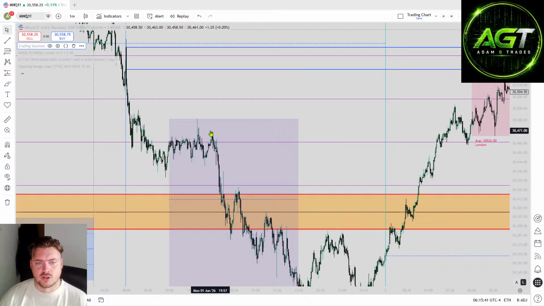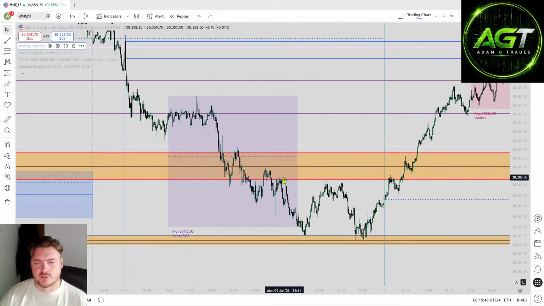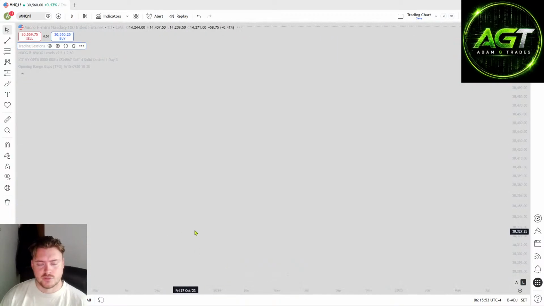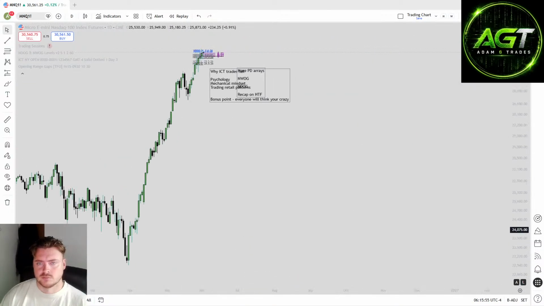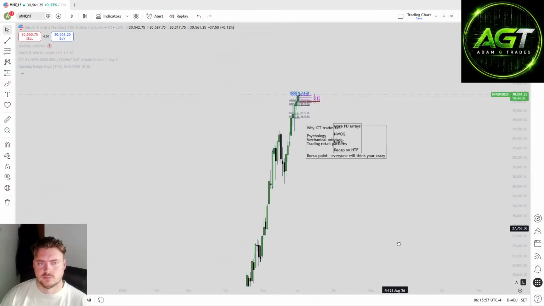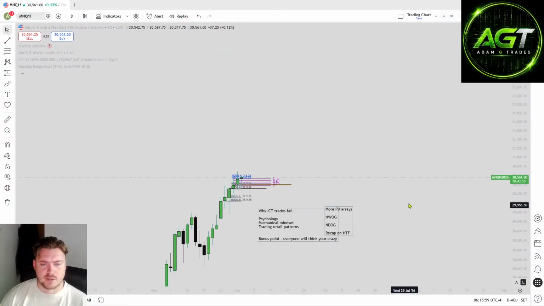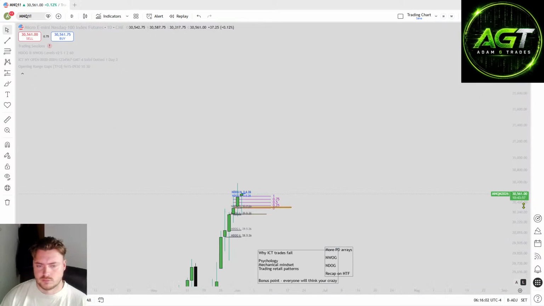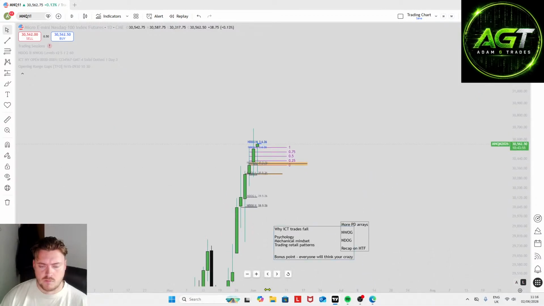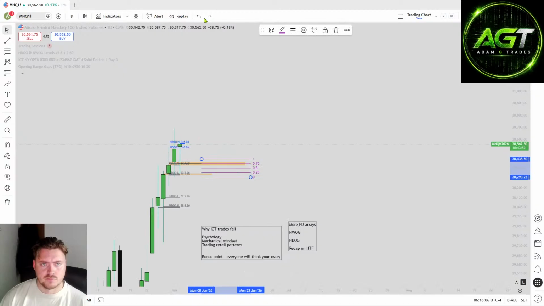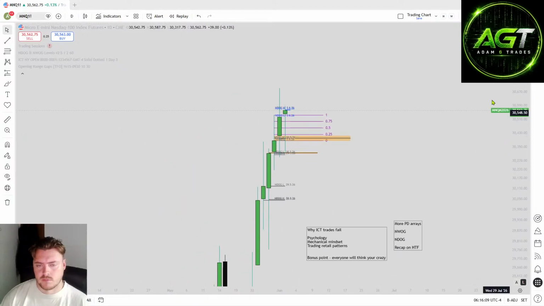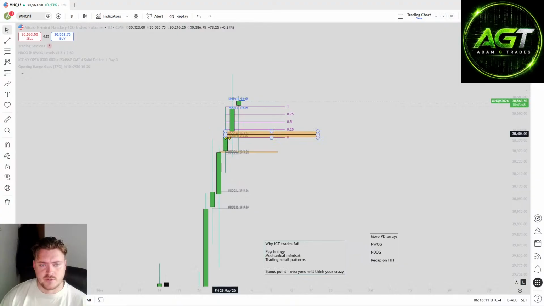And then at 8 o'clock we get that macro time to trade lower. You could have targeted, for example, this level here, which is, let me just go back to show you, just a new week opening gap, that is this volume imbalance here.